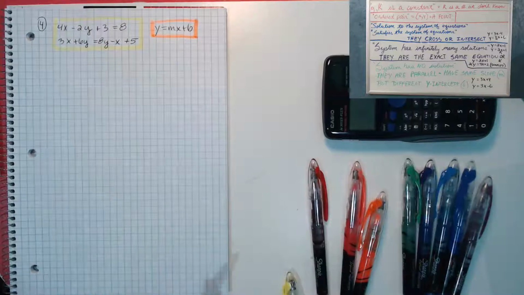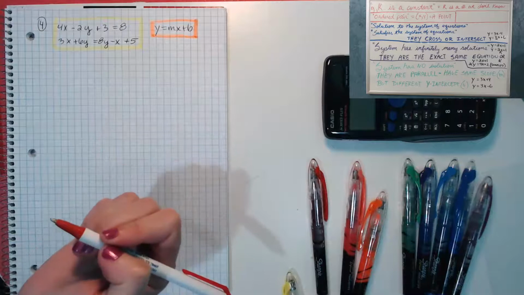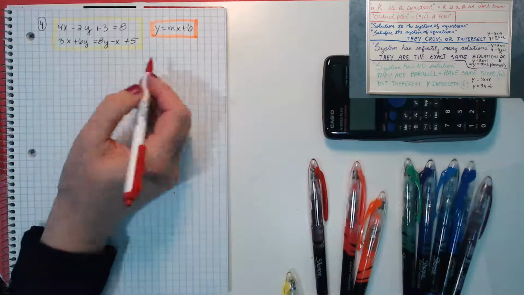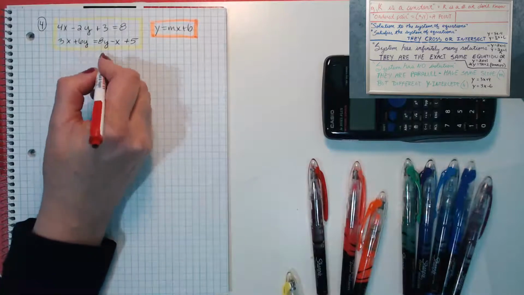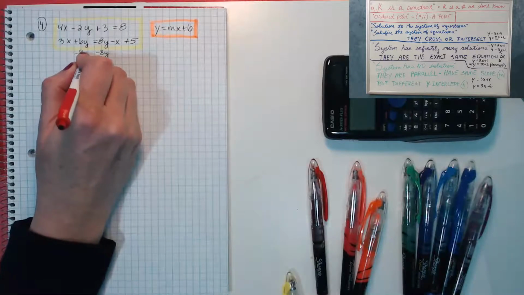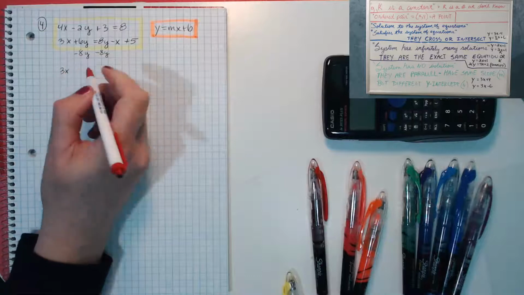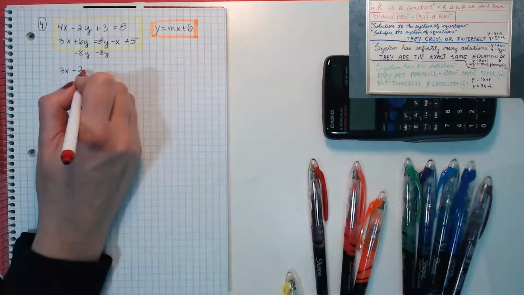Okay. So let's start with this one. I'm going to move this y over to this side. So I'm going to subtract 8y from both sides. Okay, I end up with, like I said, when you're on the test, you won't write all this out, but I'm doing it for the video.